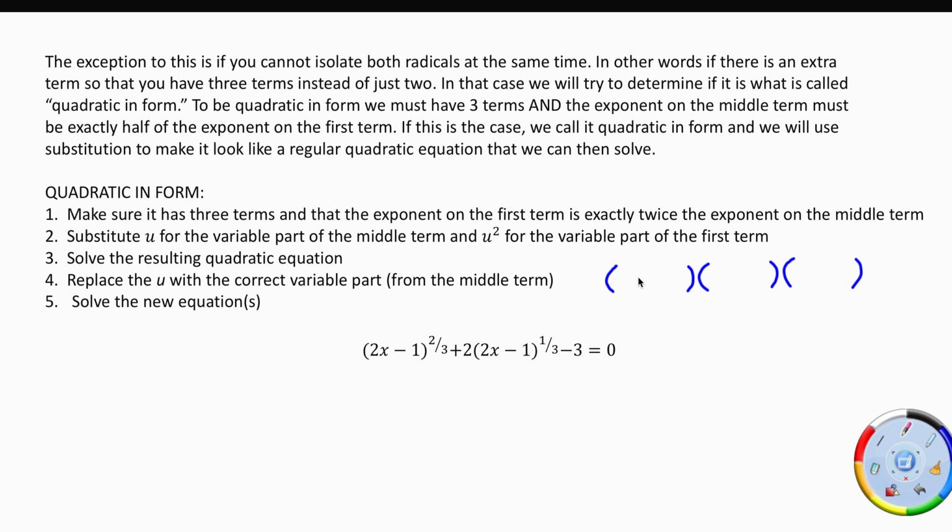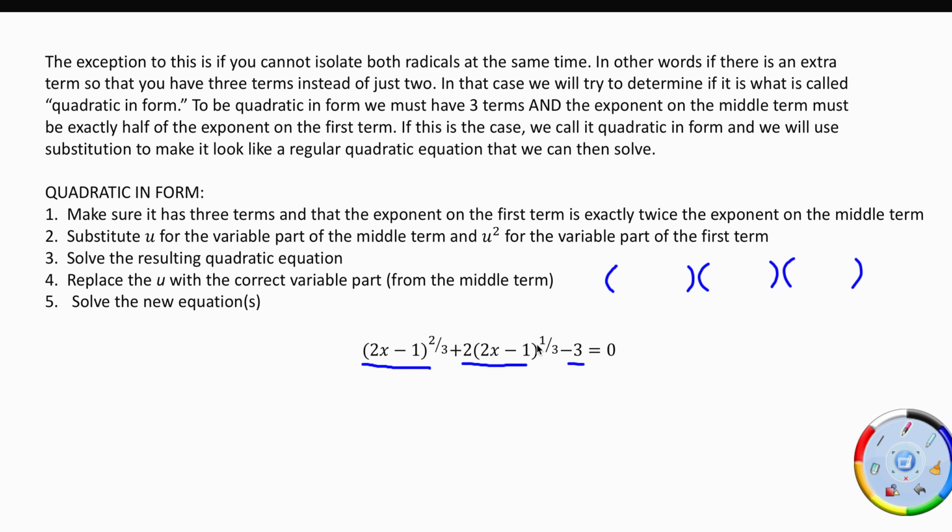So instead, we have some problems that are called quadratic in form. To be quadratic in form, there's 2 things you got to check. It has to have 3 terms, which this one does. So make sure it has 3 terms, and then look at the exponents.